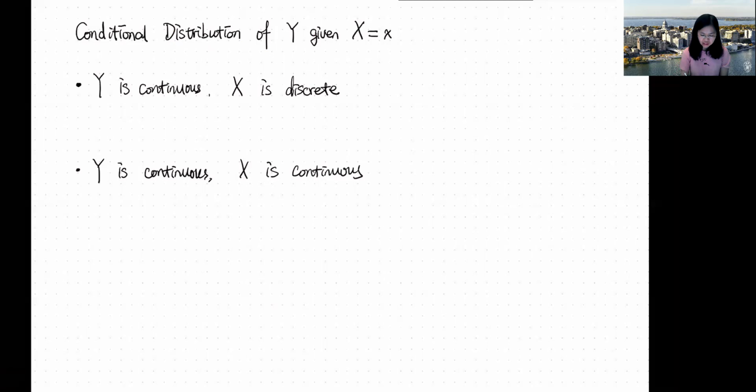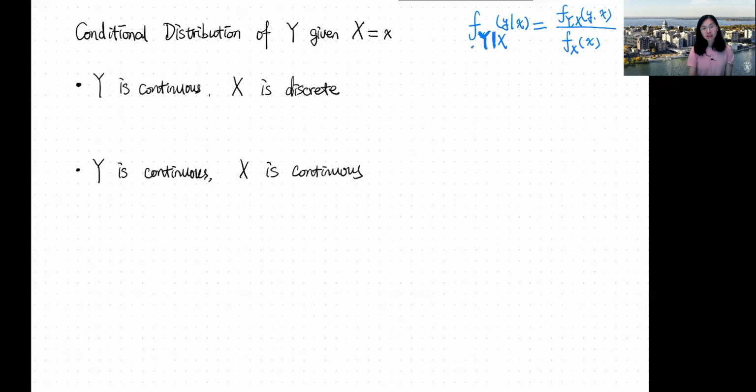So in the discrete case, we had the probability mass function of Y given X equals little x given by the joint probability mass function of the two divided by the probability mass function of the conditioning variable X evaluated at little x. So that's the formula we had for the discrete case.